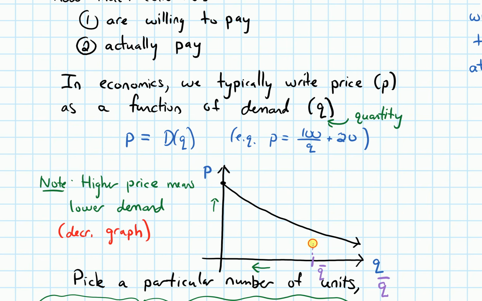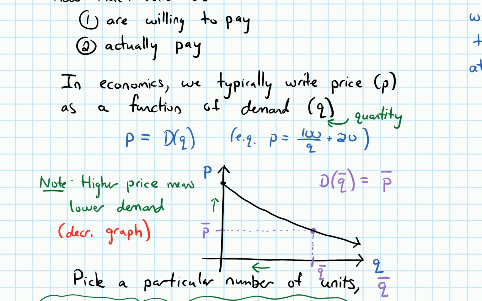And wherever this is on the graph as a point, this corresponding price, I'm going to call that P bar. So in other words, if I take Q bar and I plug it into my demand equation, the output that I get, the price that I get, I'm calling it P bar. So for our purposes, Q bar is just some number of items, some number of units that are specified.